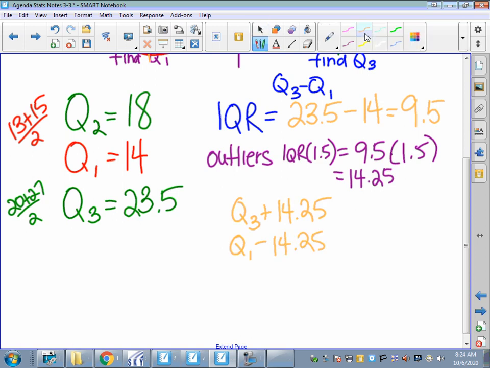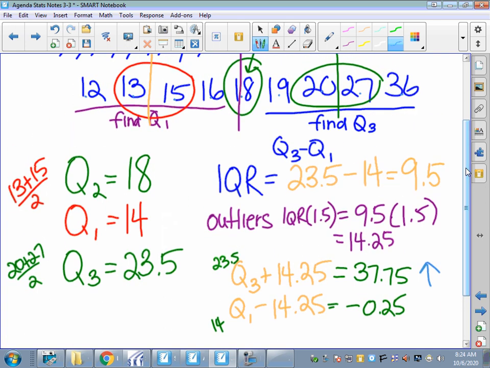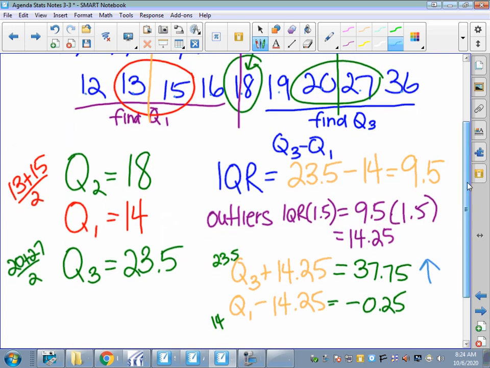So Q3 was 23.5. So 23.5 plus that is going to be like 37.75. Q1 is 14. 14 minus 14.25 is a negative 0.25. So anything bigger than 37.75, which, ooh, close, I've got a 36, but not quite.